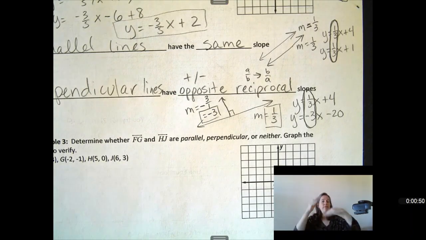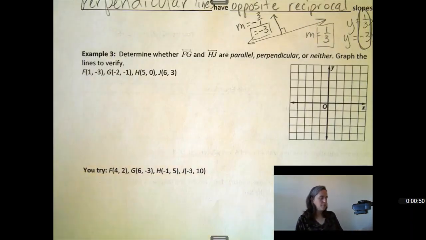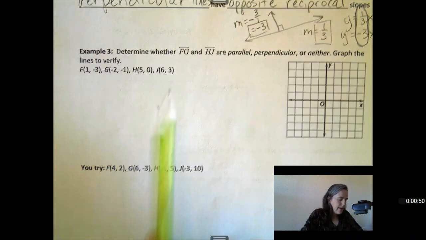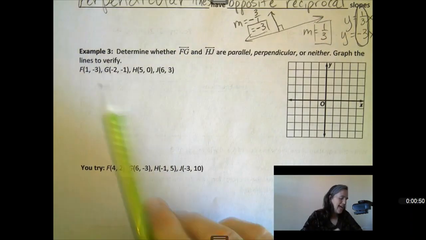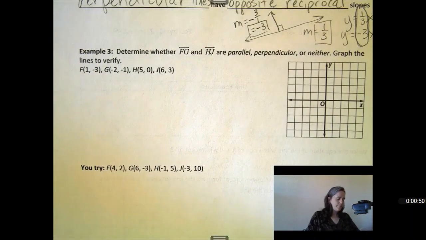So I don't even need a graph to look at. I'm 100% sure those two lines are perpendicular. All right, let's try this then. Let's try to decide if something is parallel, perpendicular, or neither. It says determine whether FG and HJ are parallel, perpendicular, or neither, and then graph the lines.